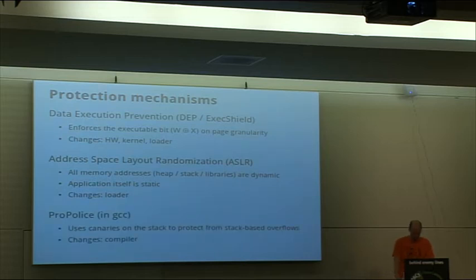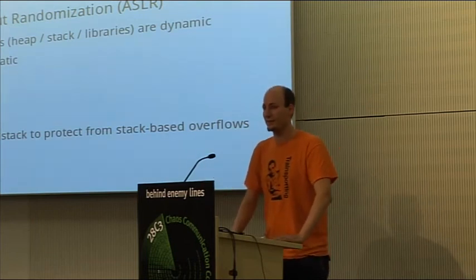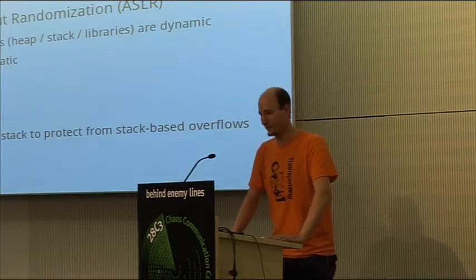And the last, but nevertheless still important, protection mechanism that I'm going to talk about is ProPolice, which is used in more current versions of GCC and so on. ProPolice adds additional canaries. A canary is a little bird that miners used in the old times to take down into the mine. And if the bird died, the miners knew that the air is getting thin and they'd better get out of there.